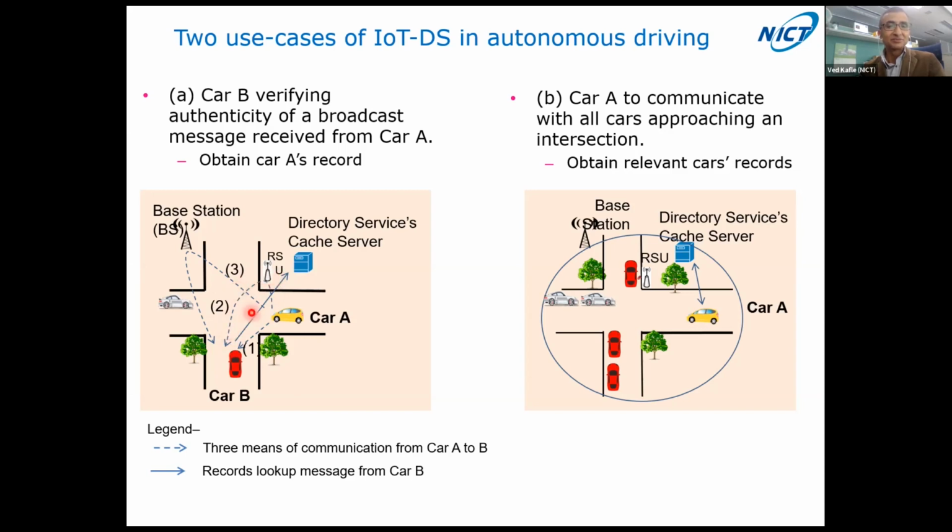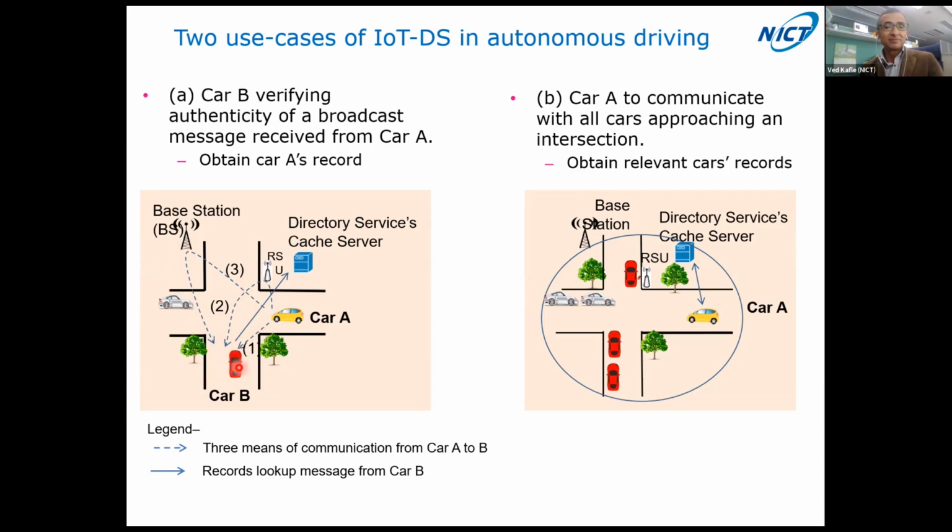One way is that it receives a response directly from the directory service, which is attached to the roadside unit, RSU. Another way is that it can obtain the record from the cellular network base station. So a multi-path or multi-hop connection can be used for obtaining the record for safety purposes.